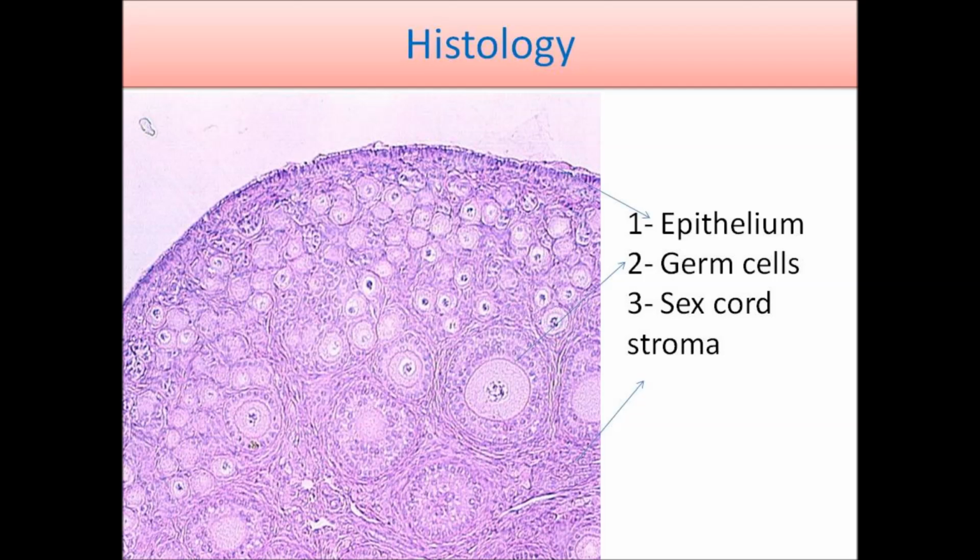So ovarian tumors can arise from each of these parts. So we have epithelial tumors, we have germ cell tumors, and we have sex cord tumors.